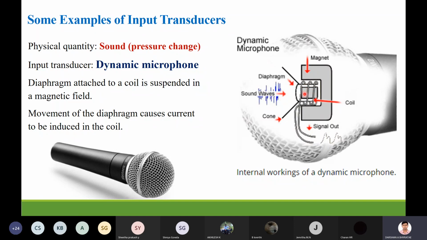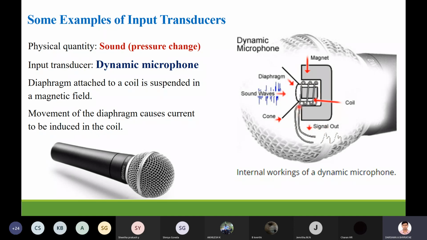Next, how does it work? Whenever the sound waves are incident on the diaphragm, the diaphragm changes its area, and based on that it generates an electrical signal from my voice signal.